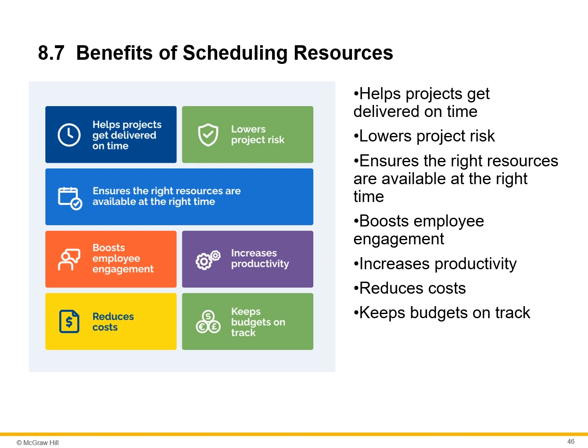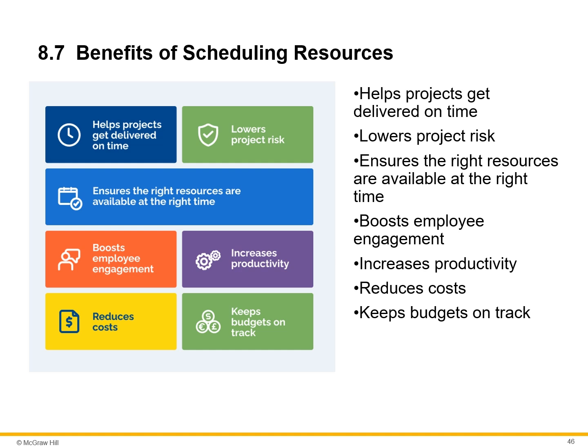Help projects get delivered on time, lowers project risk, ensures the right resources are available at the right time, boosts employee engagement, increases productivity, reduces cost, keeps budgets on track.